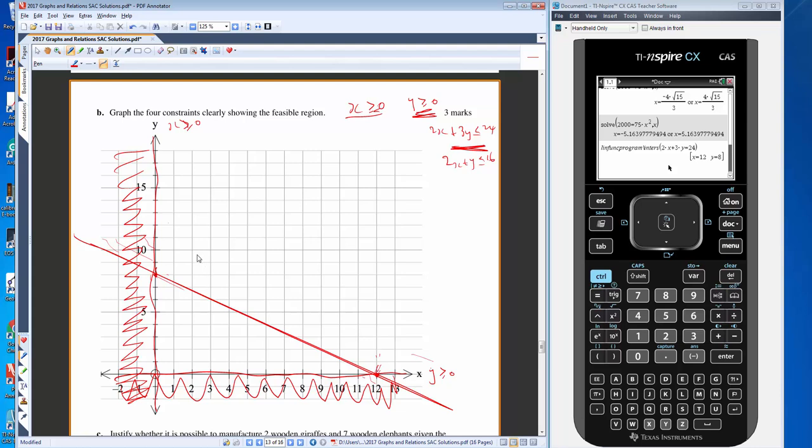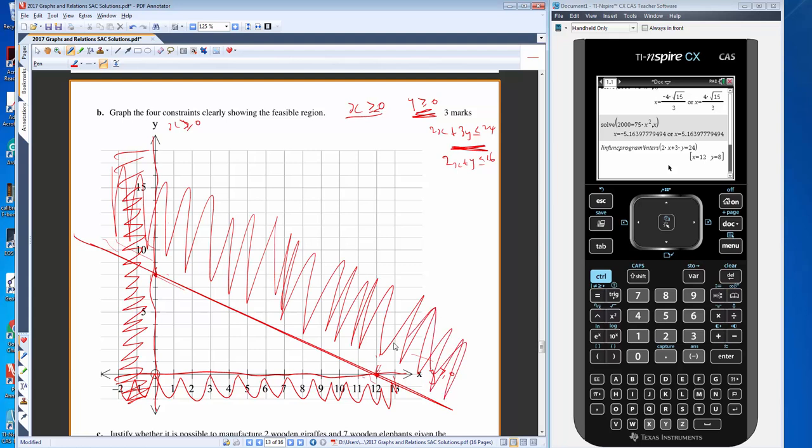Now, we're going to just quickly use the test point on this. So sub in the origin, 0 less than or equal to 24, that is true, so that means that we're going to blot out this side. This is, again, quite typical for a manufacturing product. What we do is we start limiting these infinite amounts of things that we can manufacture.